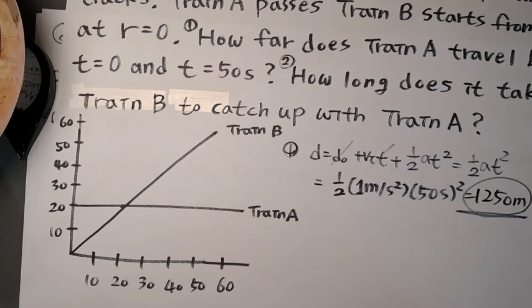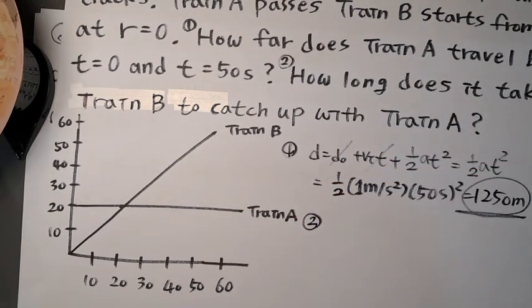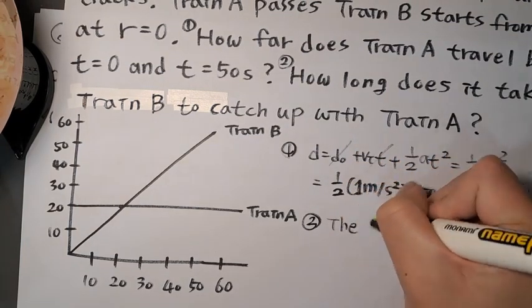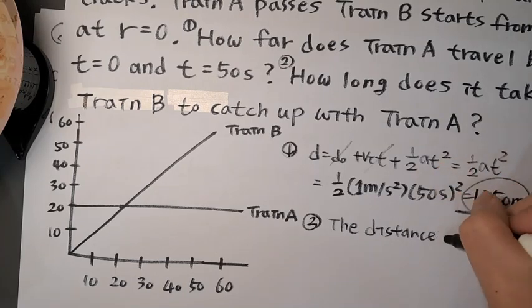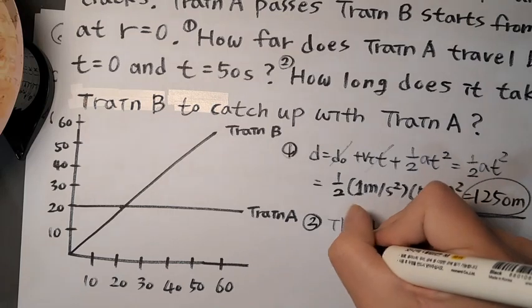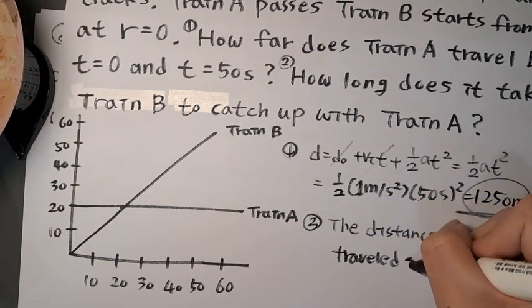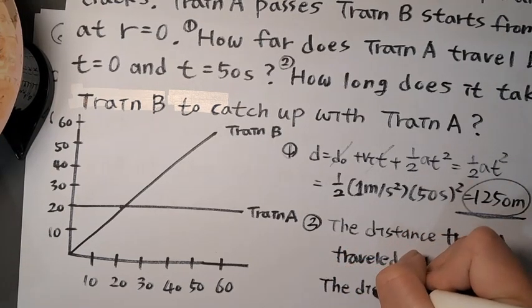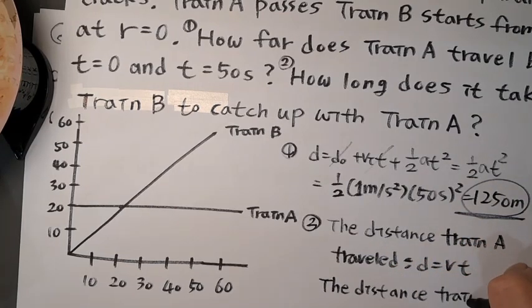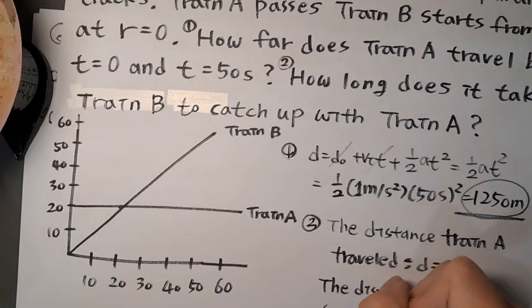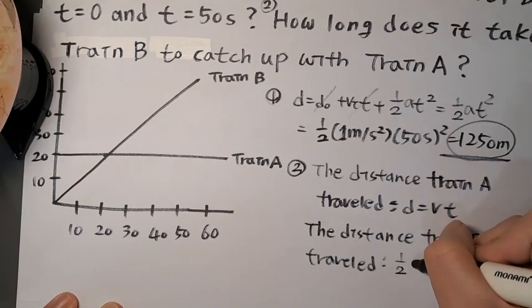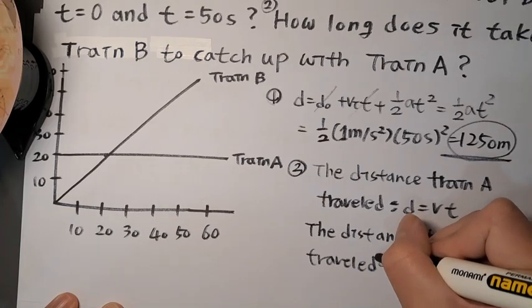So we can find the value of 1,250 meter, and the distance train A traveled is going to be this, and the distance train B traveled is going to be this.